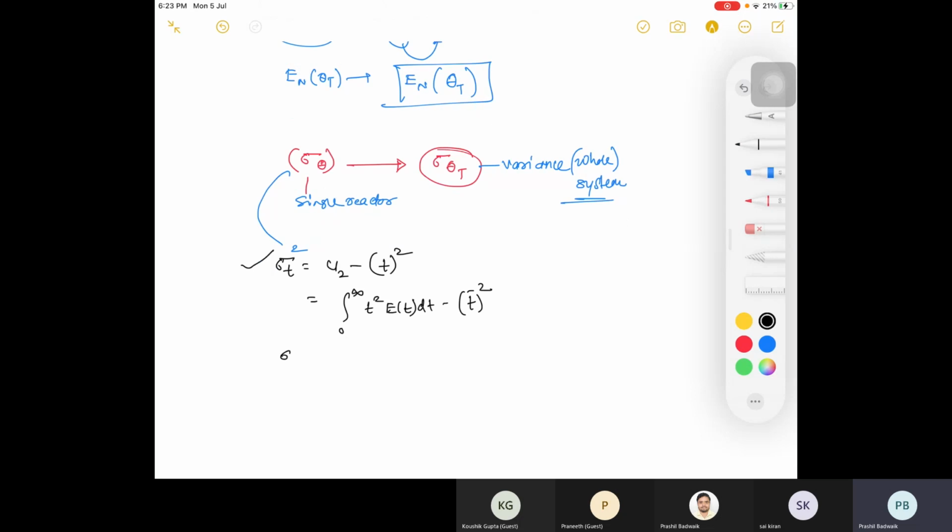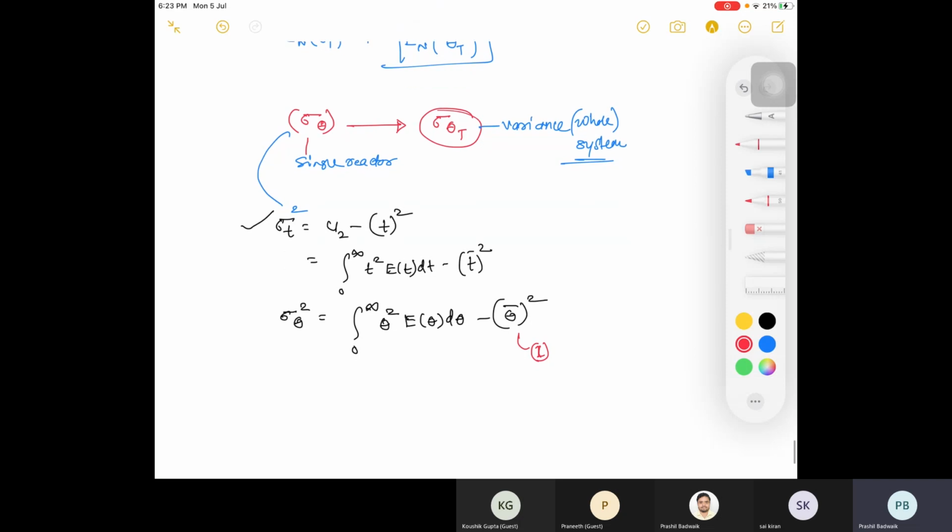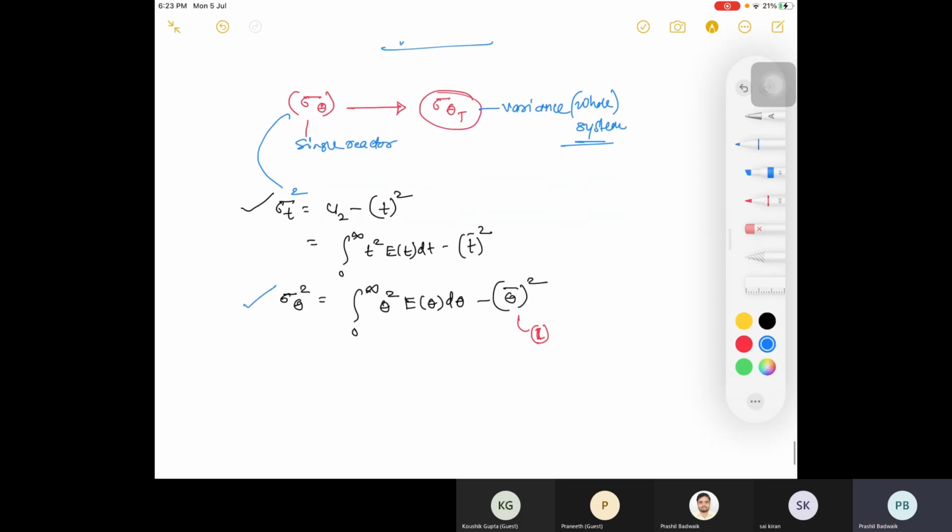Then what will your sigma theta square be? It is the integration from 0 to infinity of theta square E theta d theta, minus theta mean whole square, and you know theta mean is 1. We proved it in previous classes. Now, based on this, suppose I want to write sigma theta t, the variance of the whole system. So what would that equation be?